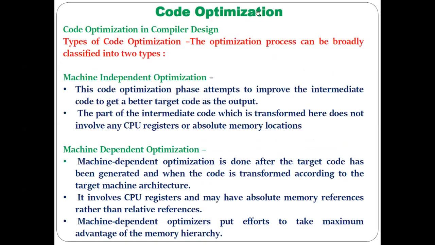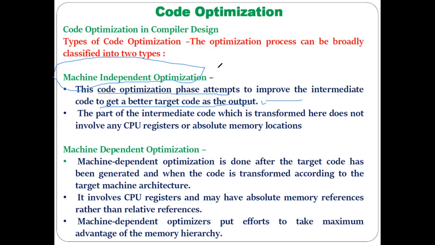As I told you, consider the timing at which code optimization is performed. If it is performed before code generation, then that optimization is called machine independent optimization. This phase tries to improve the intermediate code to get a better target code as output.